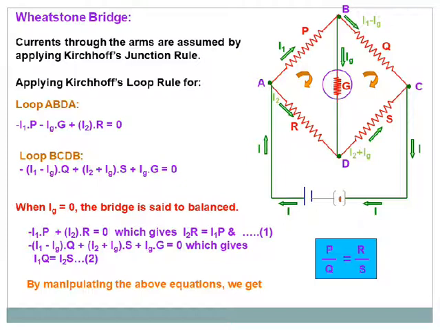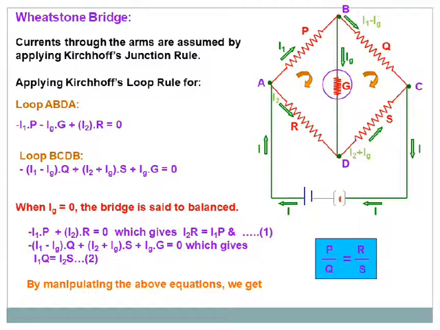So you can say minus I1 into P. Next, from B to D. From B to D, current is Ig, and the resistance across G is G itself, capital G, you can say the resistance across the galvanometer. So that will be along with the tracing path. So again it will be minus. So minus Ig into G.